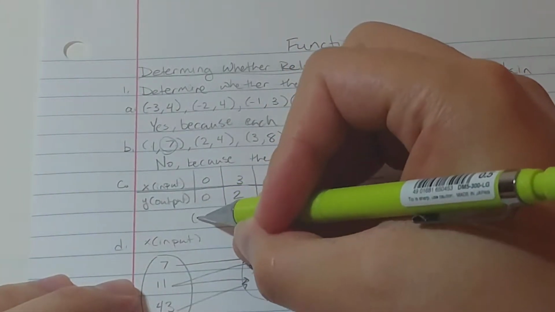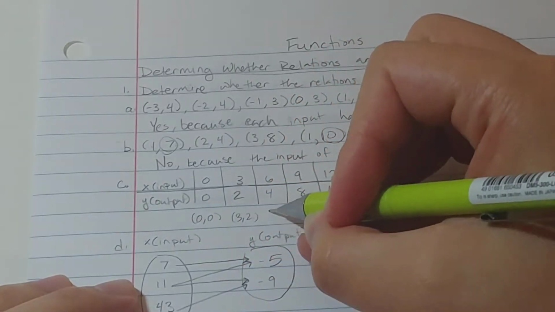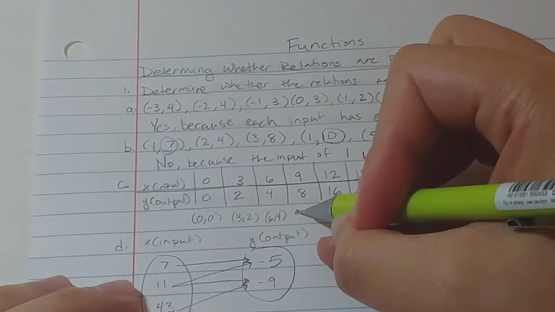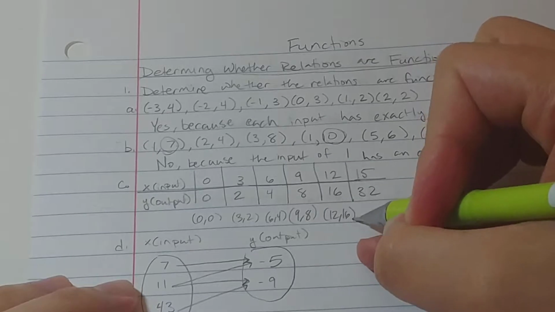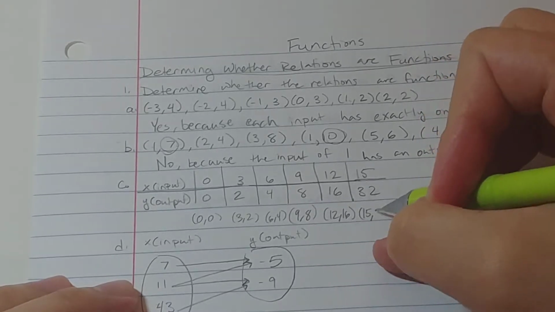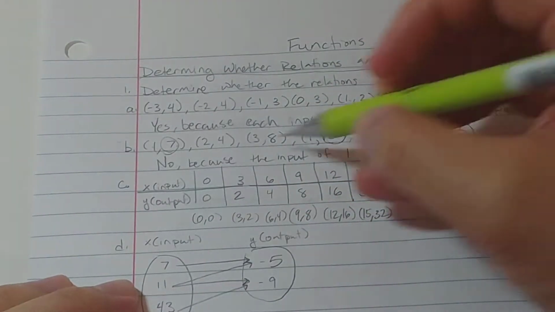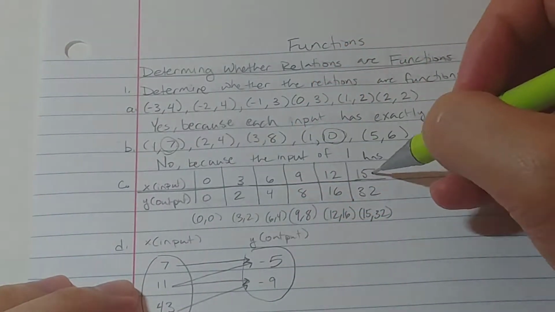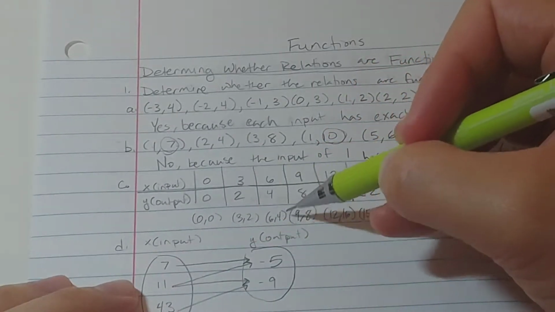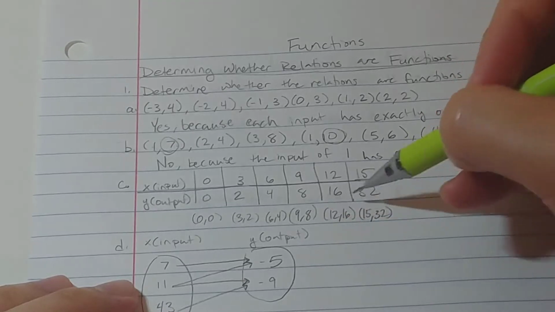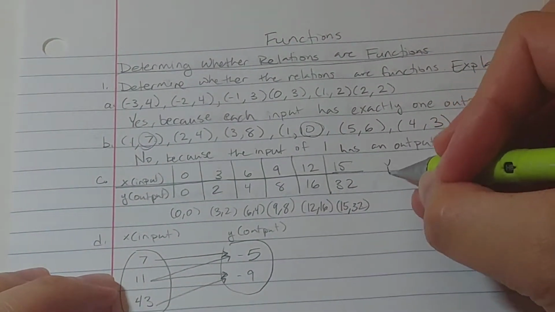Just think of those as points, as ordered pairs: (0, 0), (3, 2), (6, 4), (9, 8), (12, 16), and (15, 32). Now, did any of those x's repeat? No. 0 has one output, 3 has one output, 6 has one output, 9 has one output, 12 has one output, and 15 has one output. So this one is, yes, a function.